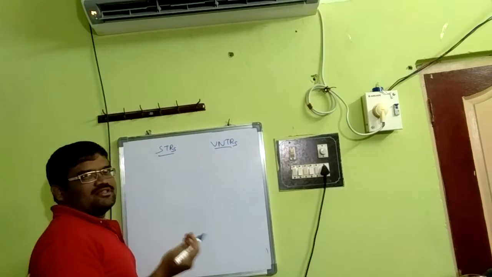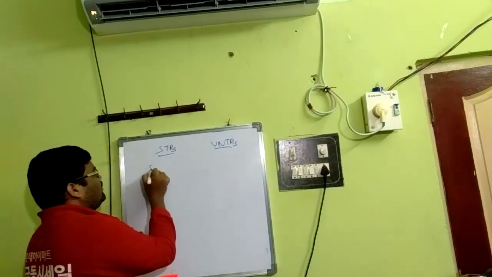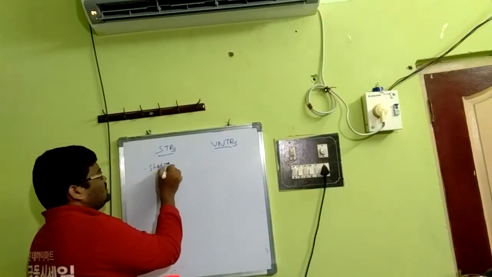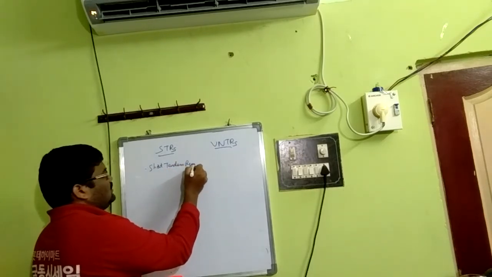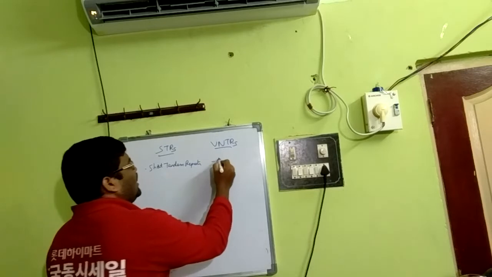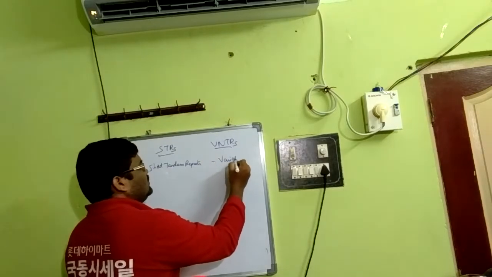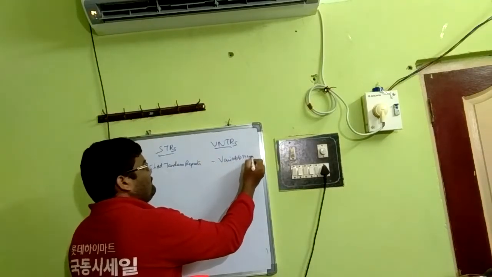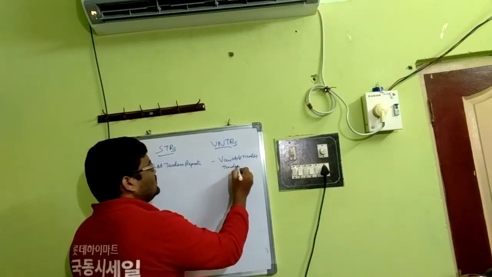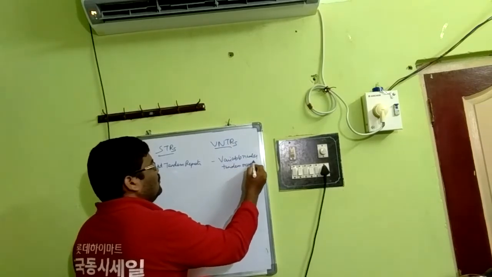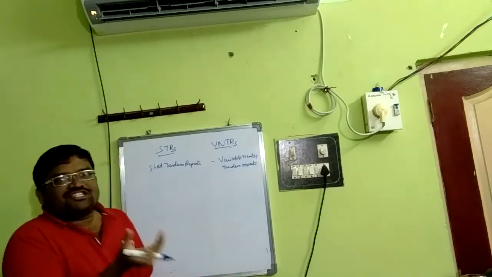And what is the difference? They are short tandem repeats, otherwise called simple tandem repeats. And here they are variable number tandem repeats. We're going to discuss the essential distinguishing features, okay?